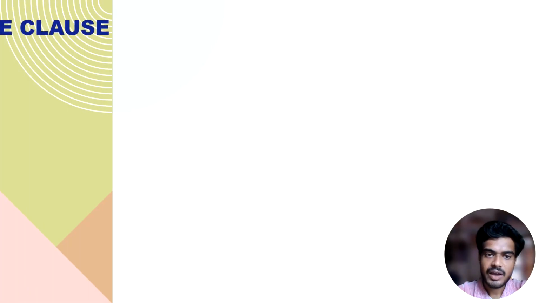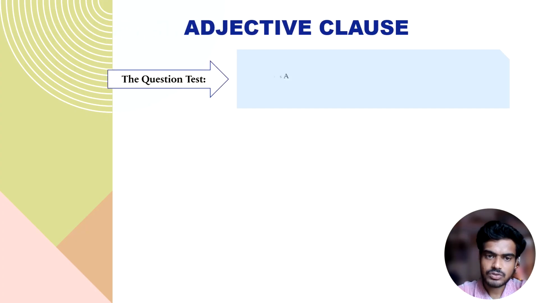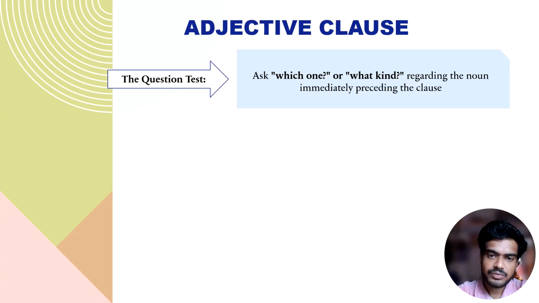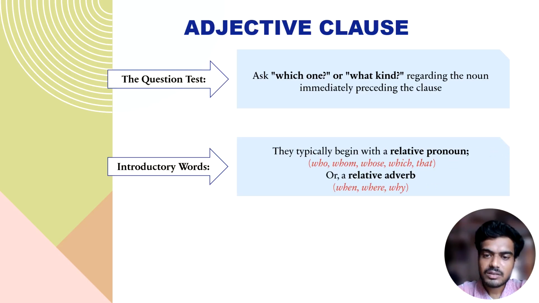Next we have adjective clause. An adjective clause, we can identify them using the question test. First, we must ask which one or what kind regarding the noun immediately preceding the clause. Okay. Next, we have introductory words.